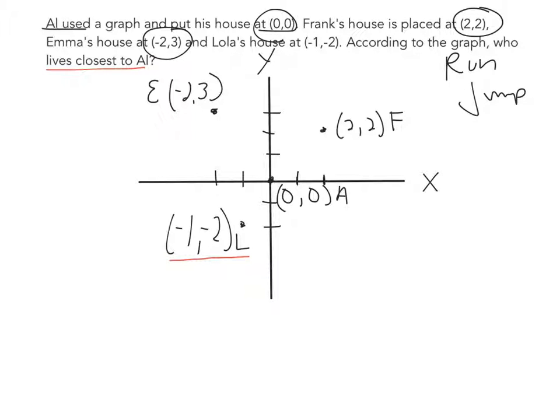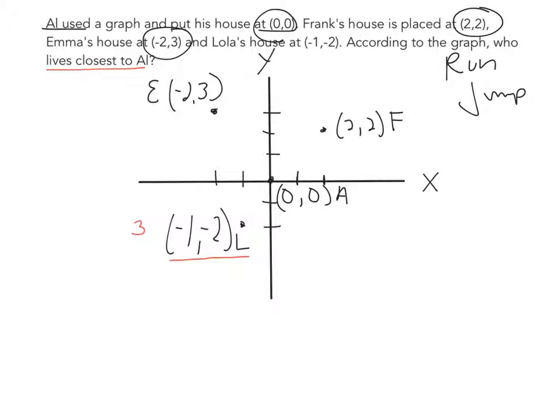So if I look at this, I can see that starting at 0, 0, I need to go negative 1, I need to jump over 1 space, and then I need to go down 2 places, 2 units to get to Lola's house. So this gives me a total of 3 moves in order to get there. 1 backwards and 2 moves down. So that's 3 moves in total. So I'm just going to notate off to the side that it takes 3 jumps to get there.